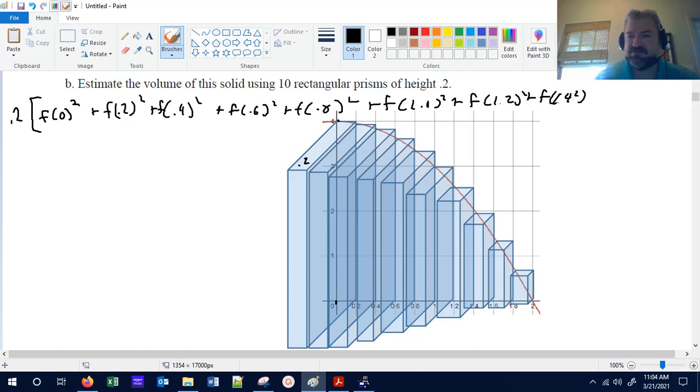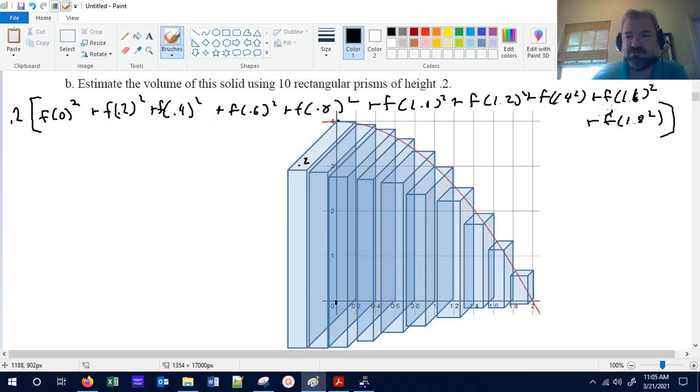I know this is a little bit tedious. Don't worry, they don't usually make you do this on the AP exam. This is just for discovery. 1.6 squared plus f of 1.8 squared, and then the next one would end it. So that whole thing should give us a better approximation for this volume, right?